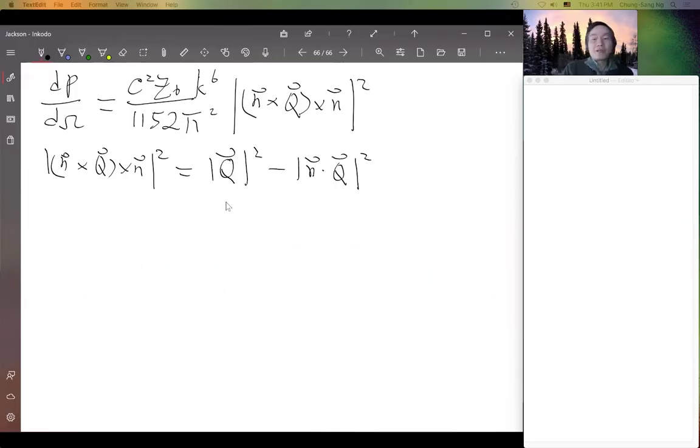Now we can use the expression that Q is given by the quadrupole tensor dot into N. So you can write it in index notation.